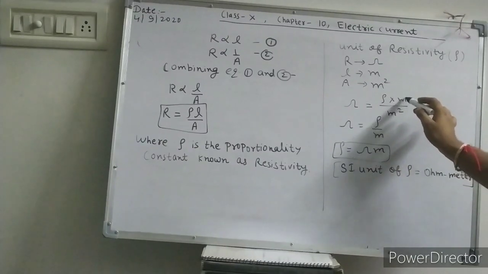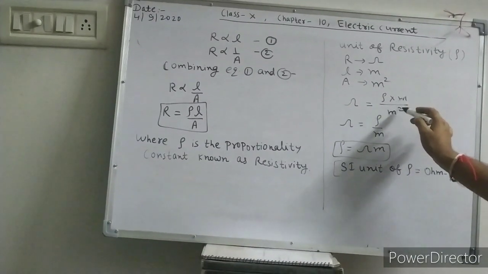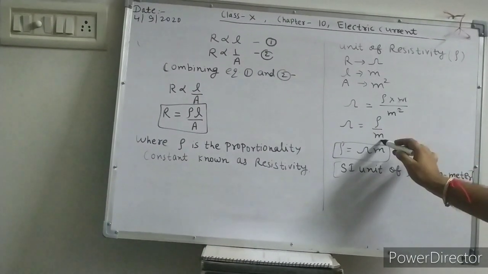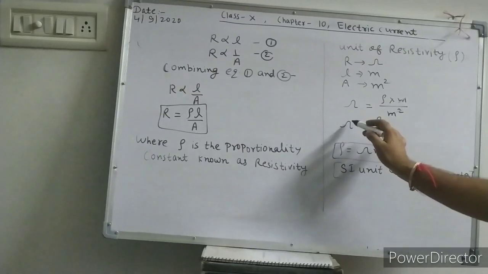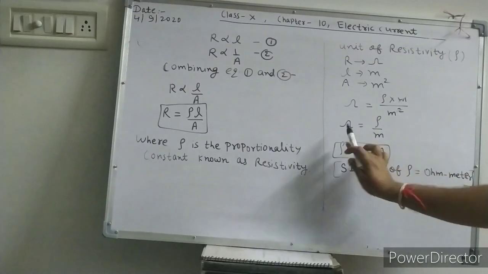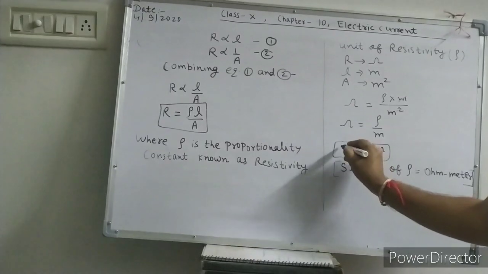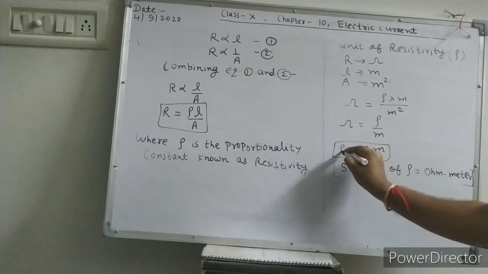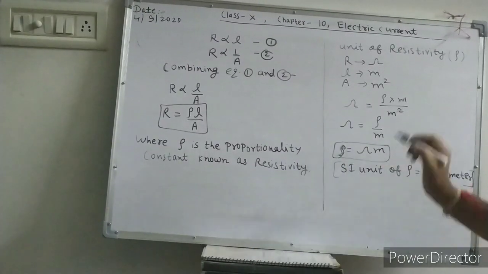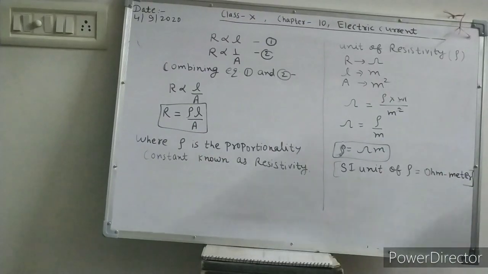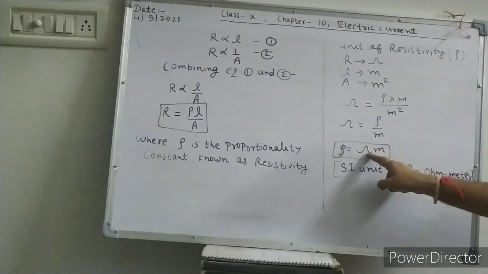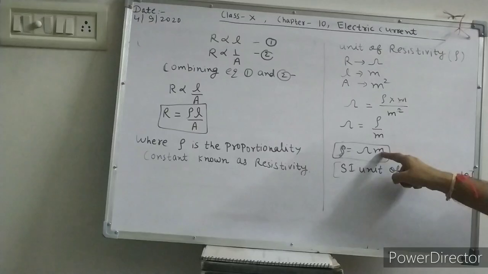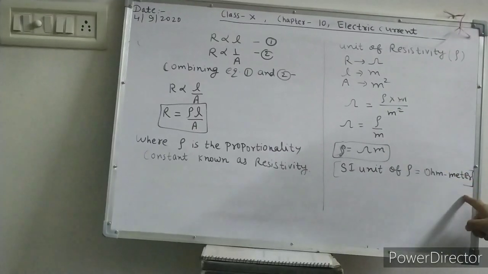You cancel meter square with meter, so you get meter. Now meter multiplies with ohm, so rho equals ohm meter. So the SI unit of rho is ohm meter.